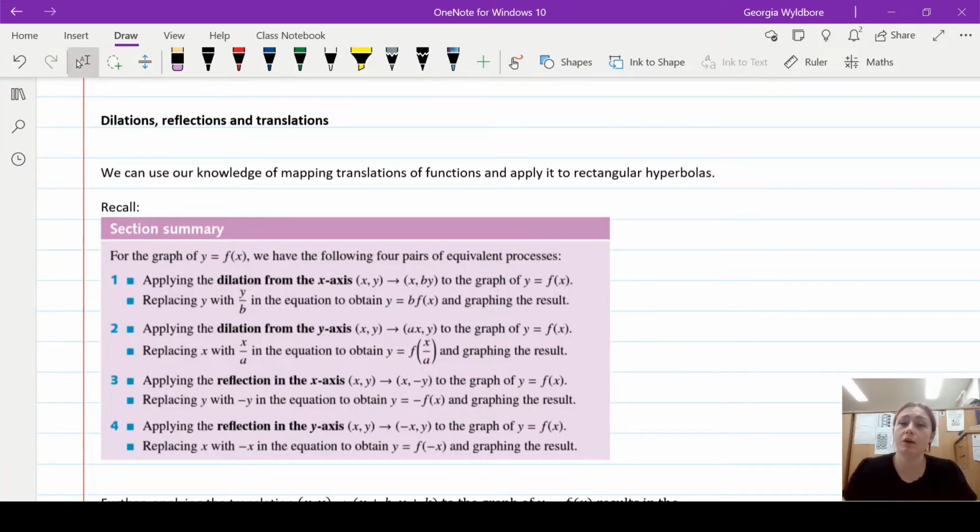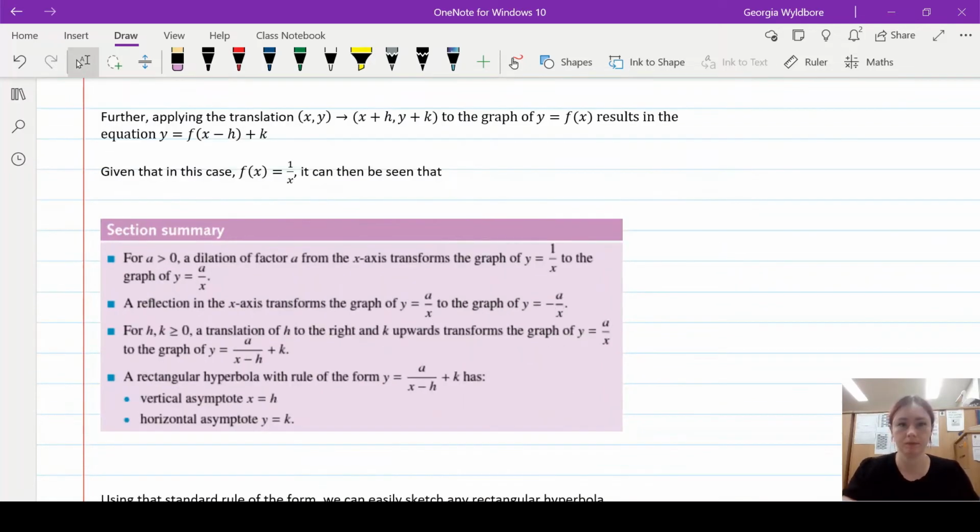So we can apply all of the knowledge that we have on transforming functions, so dilating, reflecting, translating them, and still apply it to a rectangular hyperbola. I'd recommend if you don't have this as sort of like a little cheat sheet somewhere, it would be a good idea to pause it and give yourself a little summary section, because these are sort of your basic recall of transformation rules.